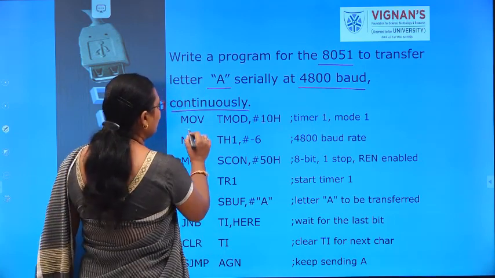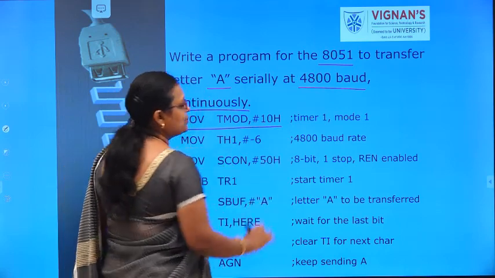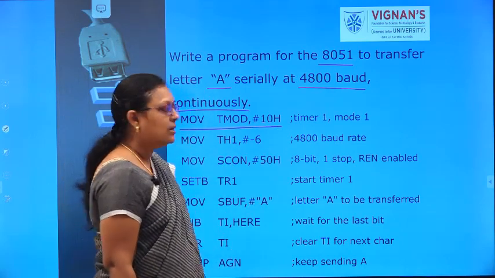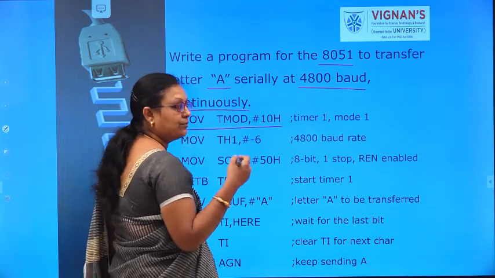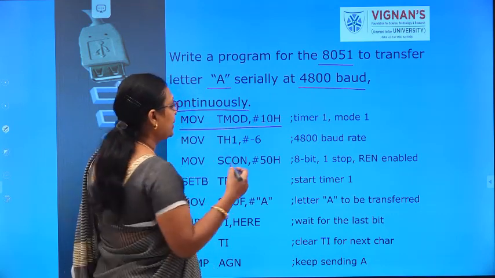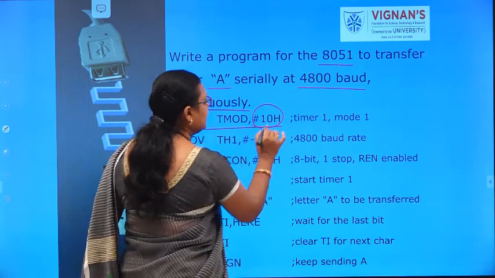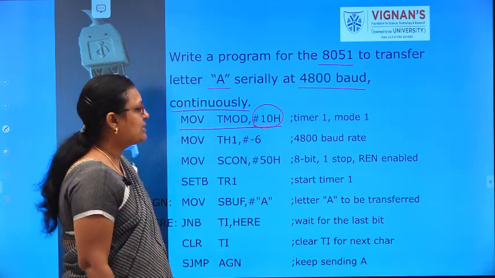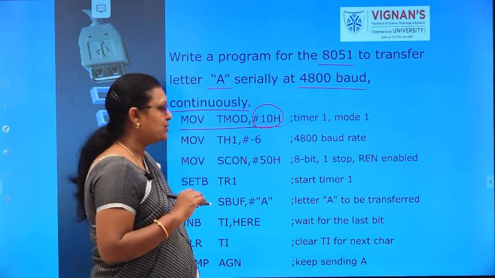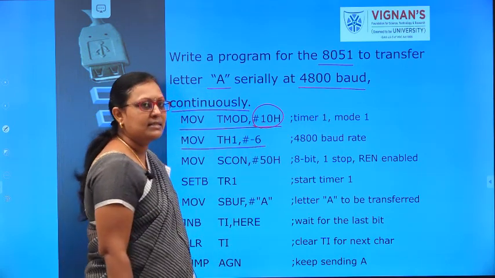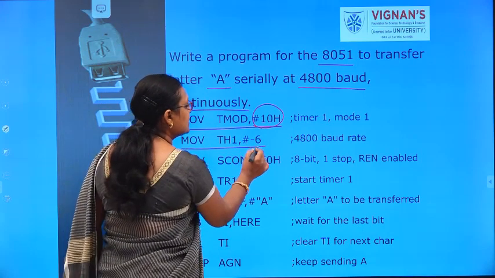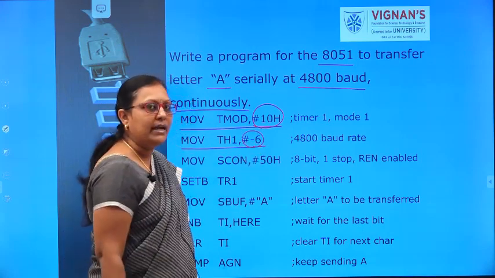The timer mode register has been initialized with mode 1. How can you tell which mode has been initialized? By using this #10h, it shows that mode 1 has been initialized. Then MOV TH1, #-6: this #-6 corresponds to 4800 baud rate.